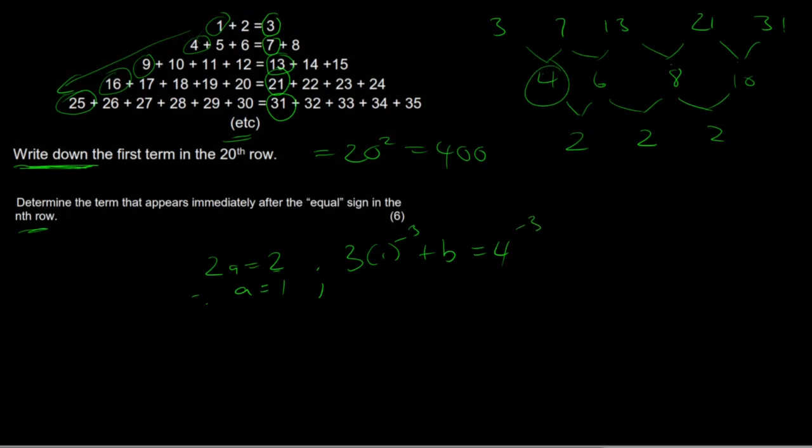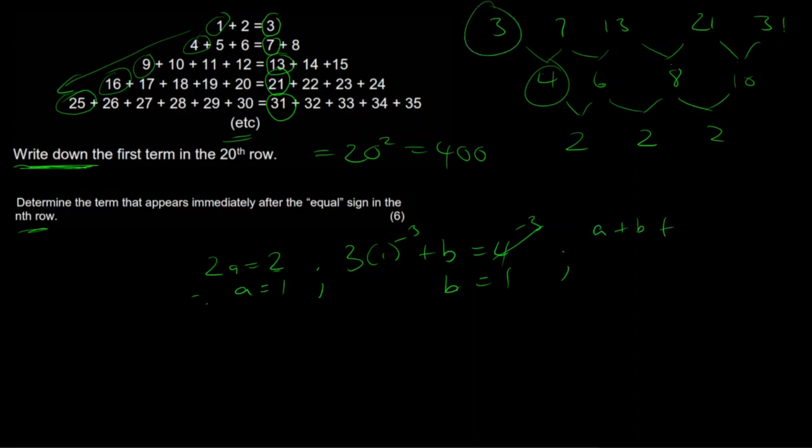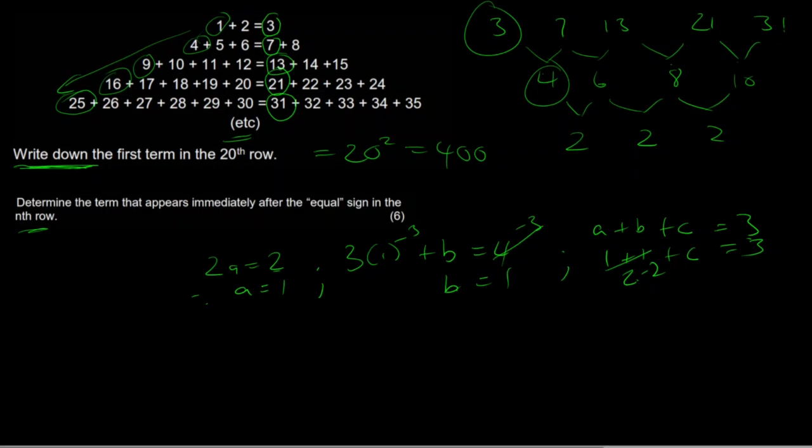Subtract 3 on both sides. b is just going to equal 1. And then we know that a plus b plus c is equal to 3 in this case. So 1 plus 1 plus c equals 3. That's 2, which we want to subtract on both sides. Therefore, c is also equal to 1.